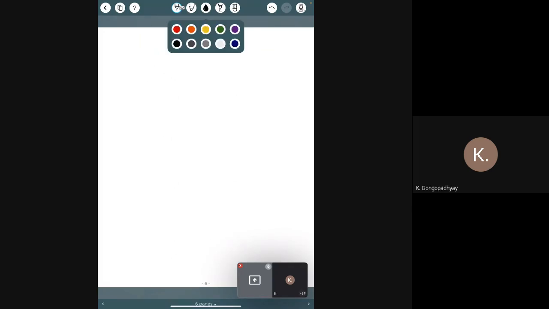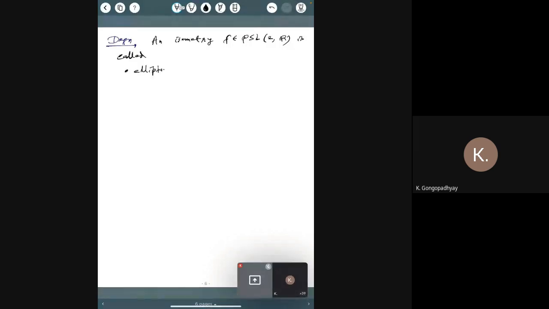Okay, so now the definition. An isometry f in PSL2R is called elliptic if it has a unique fixed point in H2.